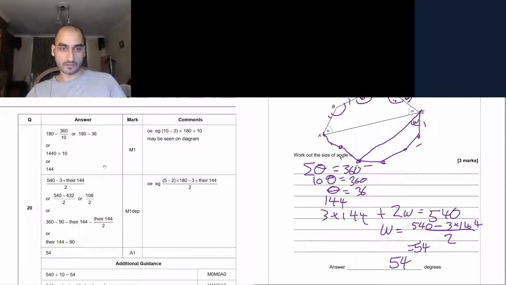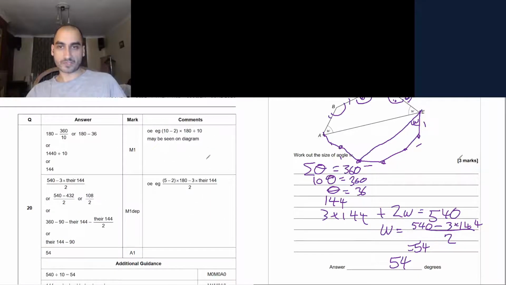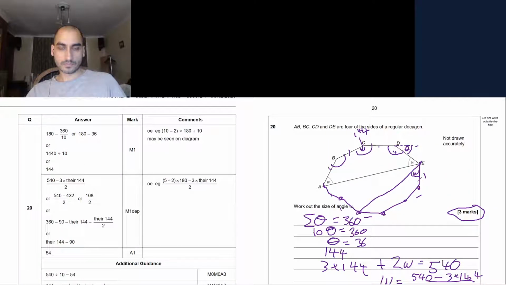Yeah, 54. Yep, that's right. Yeah, what I was doing there with the rest of the Decagon. So this, you don't need this. I don't think I would have got anywhere with that, because I have this missing angle here, which I can't really work out.